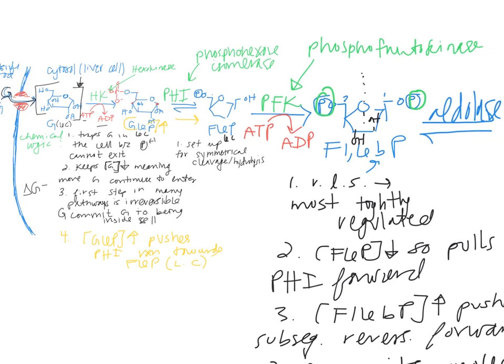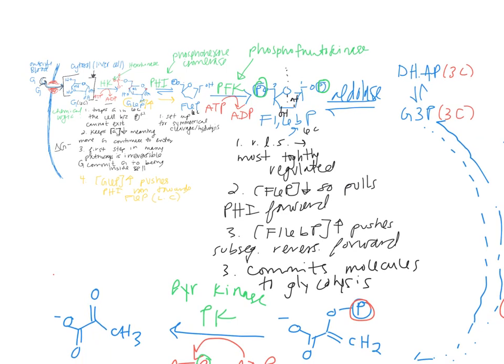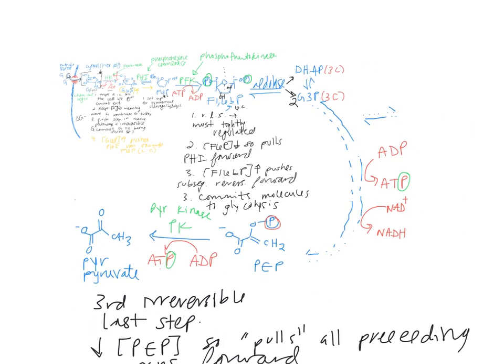And then there's a second phosphorylation to F16BP, which also has 6 carbons. And then there's the breakage step into 2 pieces, where dihydroxyacetone phosphate has 3 carbons. And then glyceraldehyde 3-phosphate also has 3 carbons, but it's the G3P that continues forward, and we have 2 of those. So we'll have 2 of those moving forward, which means I'll have 2 of these, 2 of these, 2 of those, 2 of those, and 2 of those.